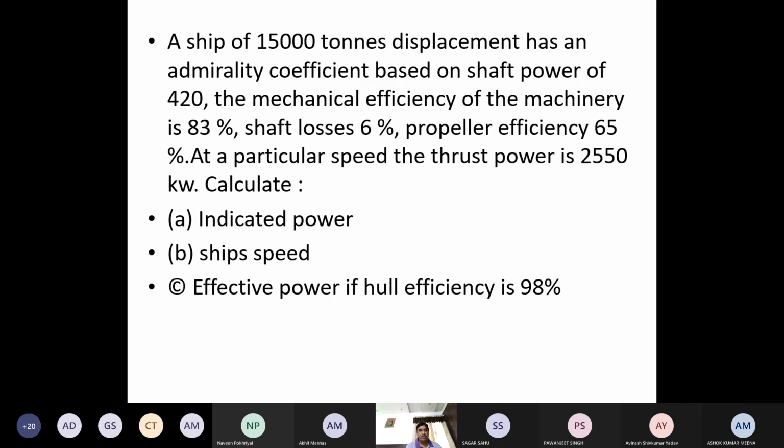At a particular speed, the thrust power is 2550 kilowatt. Calculate indicated power, shaft speed, and effective power if hull efficiency is 98%. So this is the numerical. There is no new formula. All the formulas which are applicable are already known to you. So please solve it.